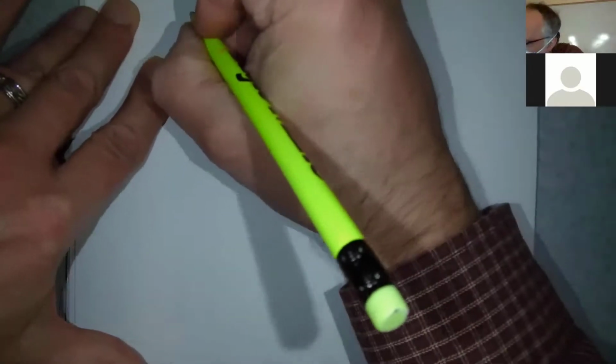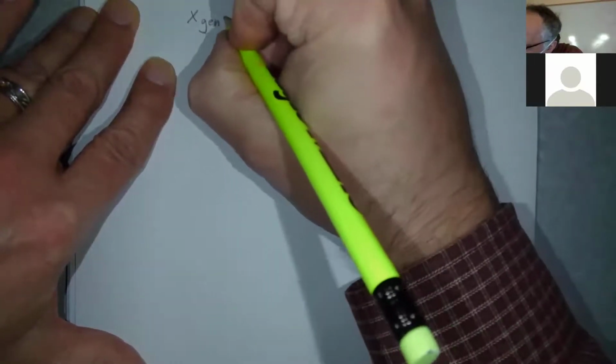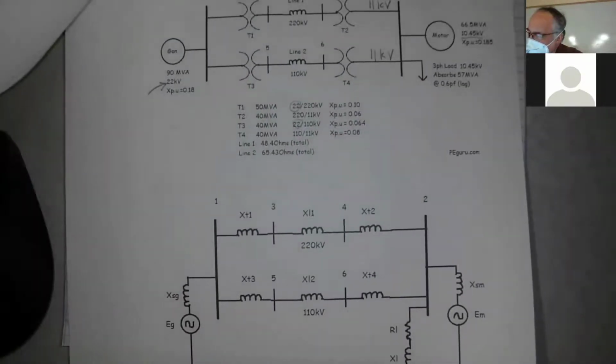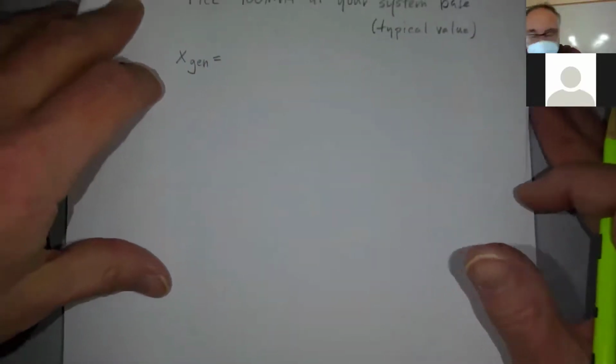Okay. So the first thing we have to do is come up with the new per unit values. So X on the generator. What was the old value? 0.18. So that's how we started.